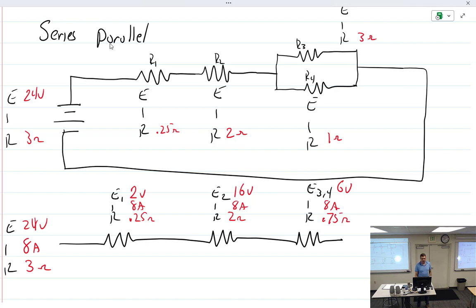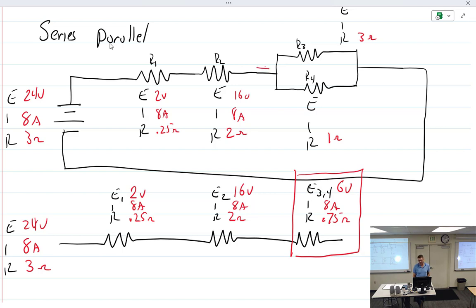All right, so we've solved now almost all of this because this just carries up. That's just 2 volts, 8 amps, just carrying it up. 16 volts, 8 amps. Here's where it gets a little tricky. Think of this as the power supply powering these two resistors right here. Where do you put the battery?